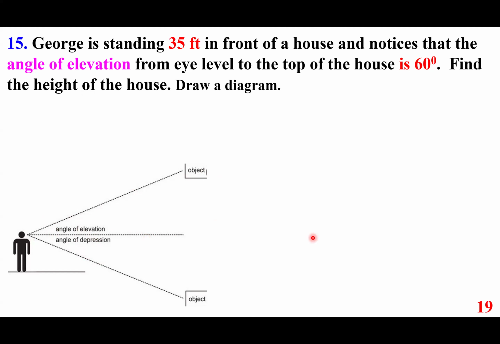So in a matter of comparison to horizontal line or horizontal plane is called. And so in this case, we are looking at this angle being 60 degrees. This distance being 35 feet, and height is a question mark.